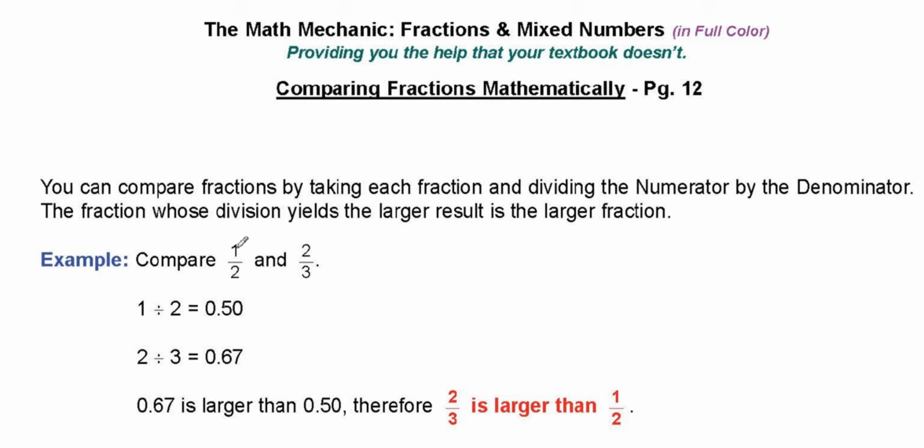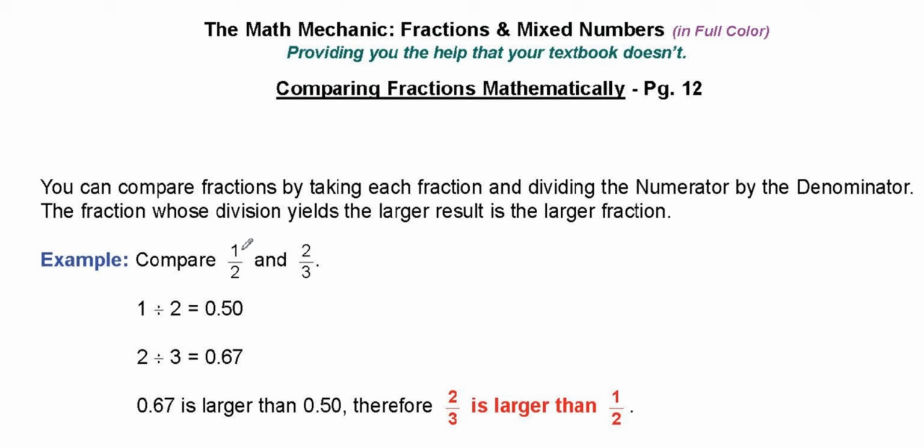To compare fractions, divide the numerator by the denominator. Again, I will repeat. Divide the numerator, which is the number on the top of the bar, by the denominator, which is the number below the bar.